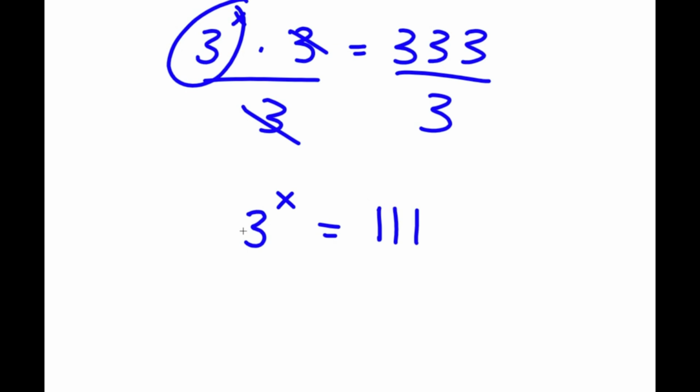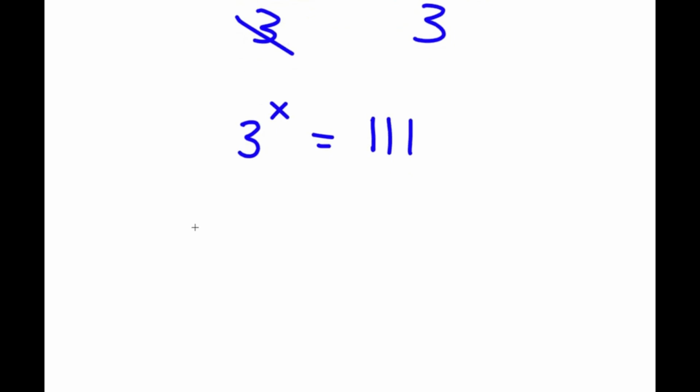So now I got this equation, 3 to the power of x is equal to 111. So to solve this, I'm going to take the log on both sides. So now I have log 3 to the power of x is equal to log 111.